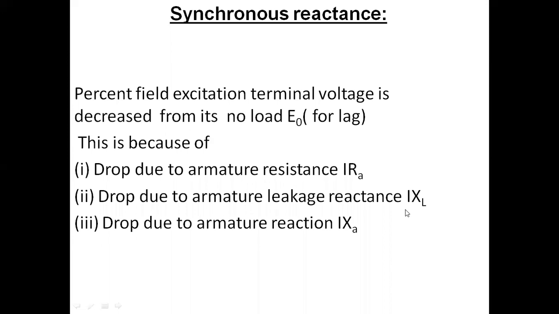Okay, so the drop in the voltage due to armature reaction is accounted for by assuming the presence of a fictitious reactance XA in the armature winding. So because of XA, we are getting this. The value of XA is such that I into XA represents the voltage drop due to armature reaction.